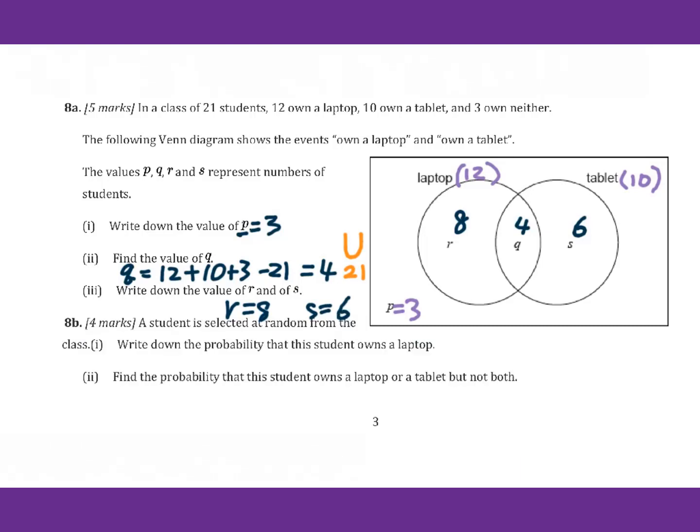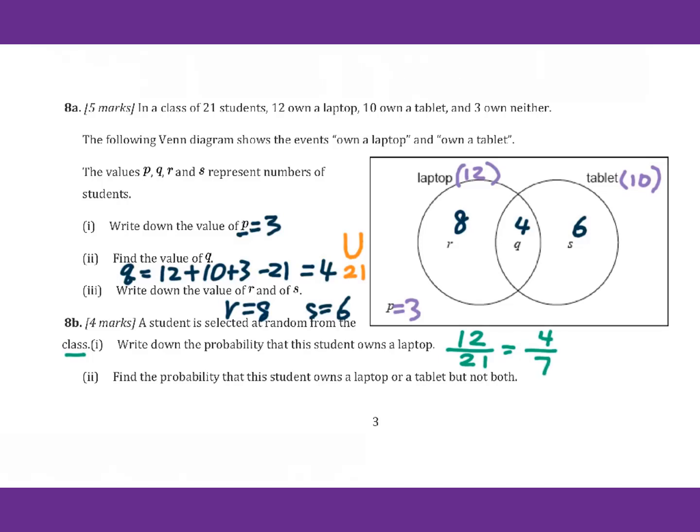Let's go to 8B. A student is selected at random from the class. Write down the probability that this student owns a laptop. Laptop students will be 12. Altogether is 21. For probability, you don't have to simplify. If you want to simplify, this will be 4 over 7.